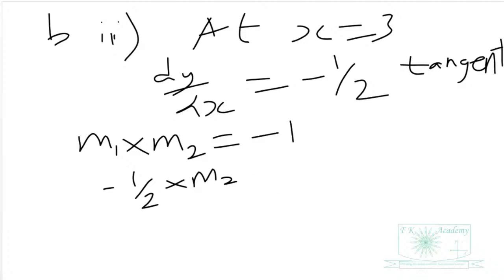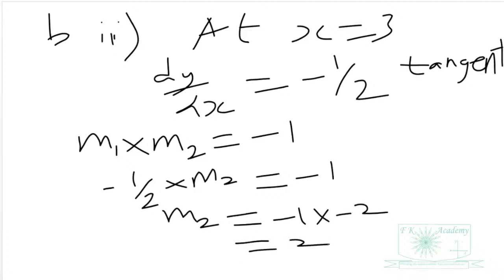So m1 will be equal to, multiplying through by negative 2, negative 1 times negative 2, which is 2.